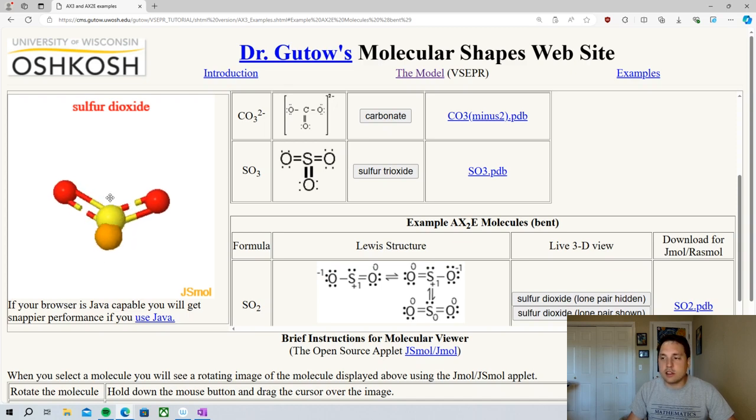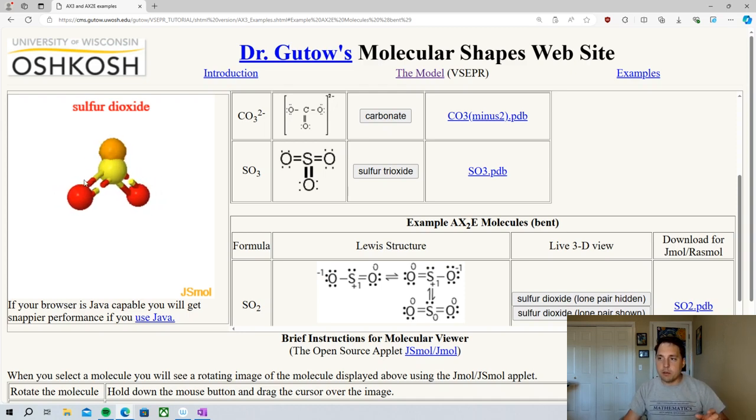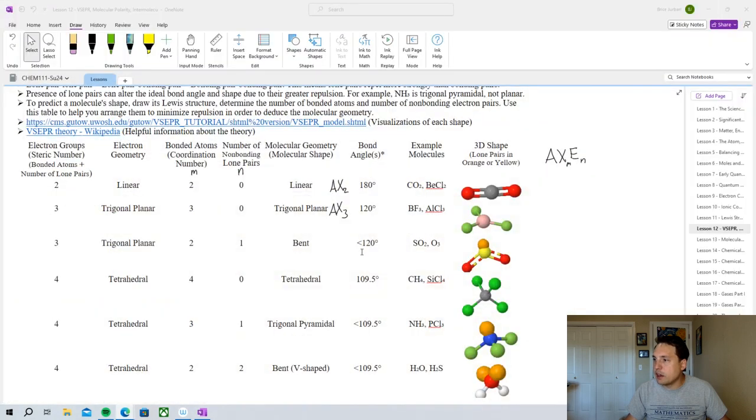It will be slightly less than that though, because this electron up here is a lone pair, and lone pairs affect the bonds a little bit more, so they push down more, and this is going to cause the angle between these two bonds to be slightly closer together. So what we'll see on here is that I list that the bond angle between the oxygens is slightly less than 120 degrees.